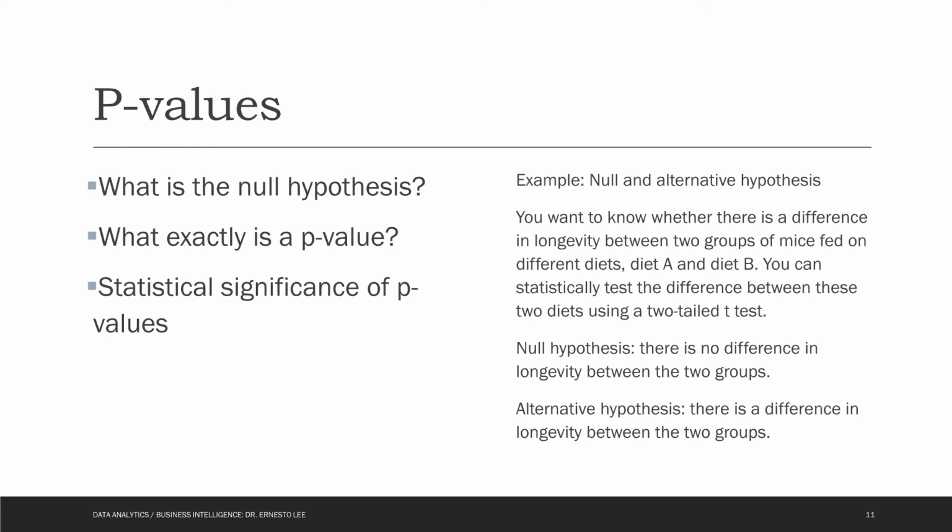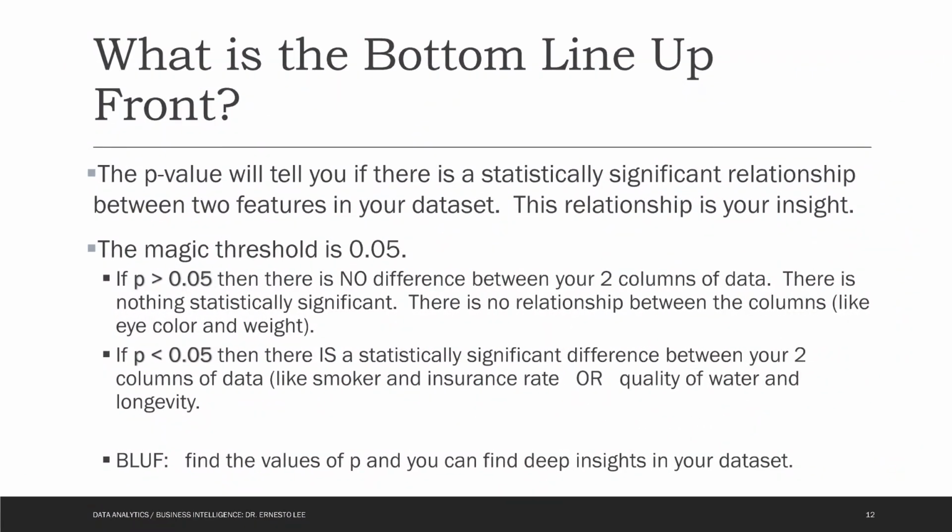If you claim that there's a relationship between two features or two columns of data, then the way that you prove that is to back it up with these statistical tests. So that is what p-values are all about. But frankly, that's a bunch of words.